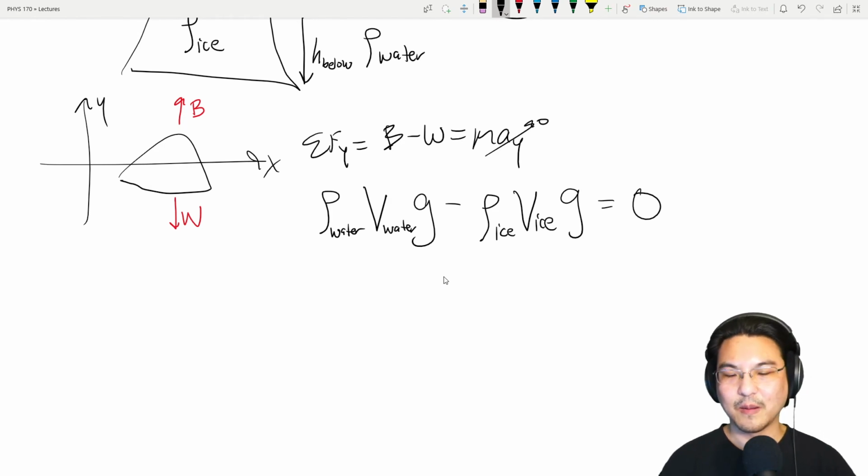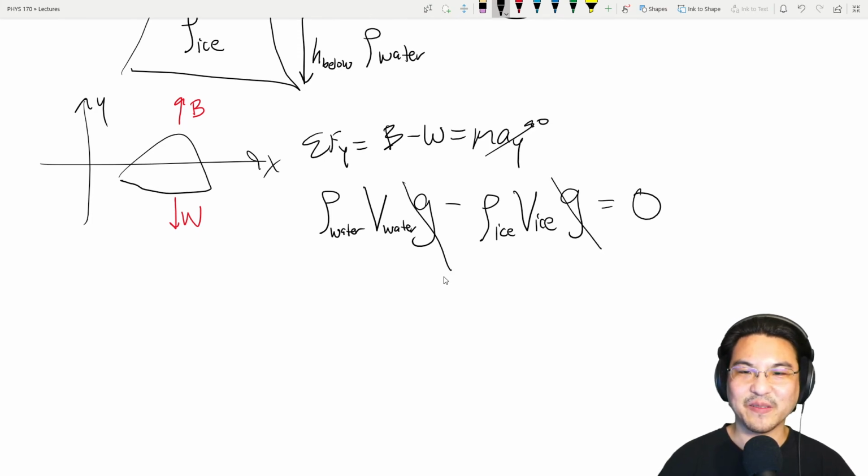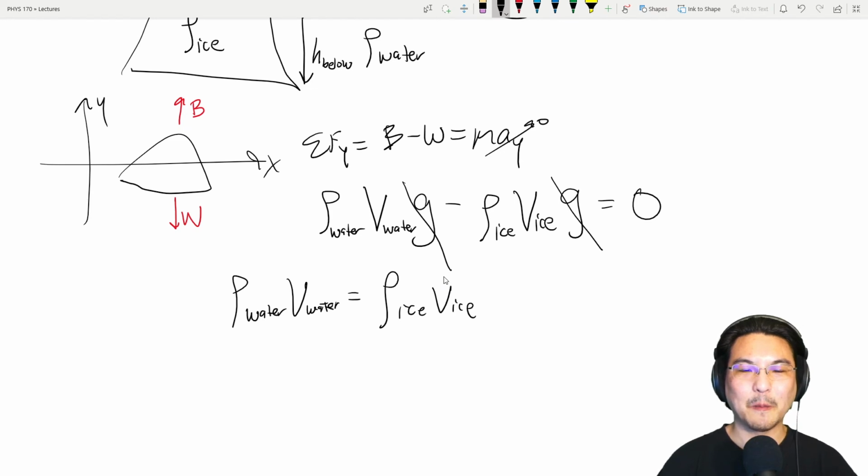So let me just rearrange this a little bit. This g factors out. We can divide by something non-zero. So density of the water times volume of the water equals density of the ice times volume of the ice. We could rearrange this in any way, but let's see.